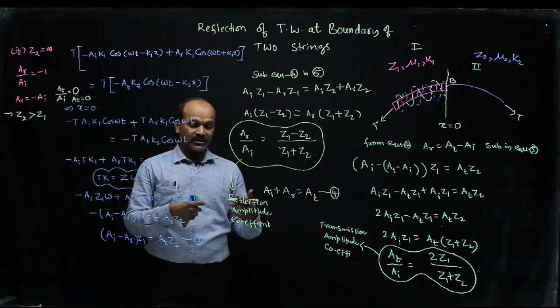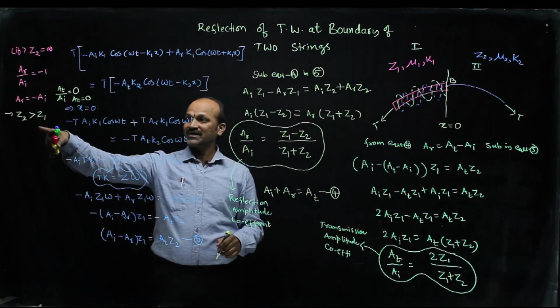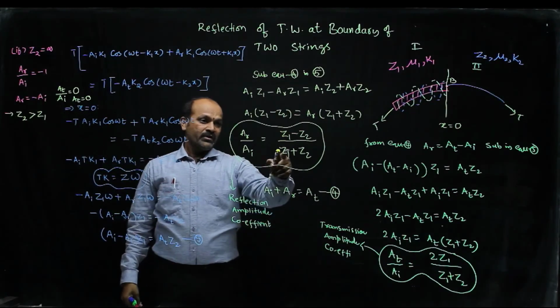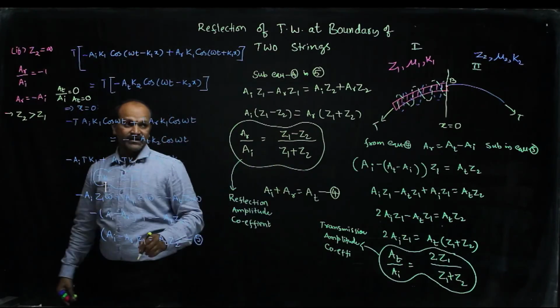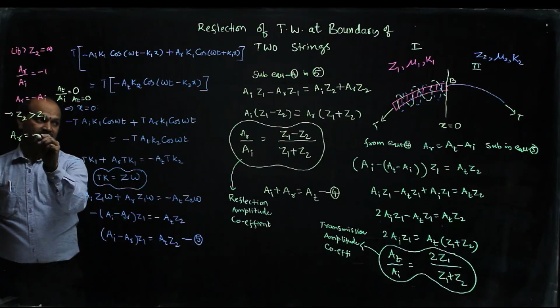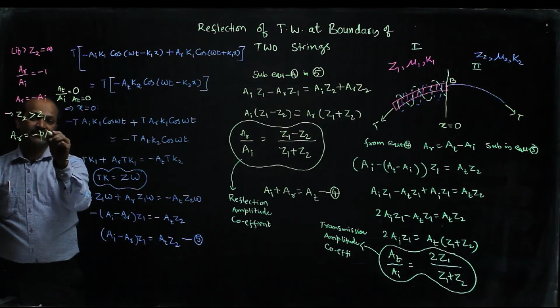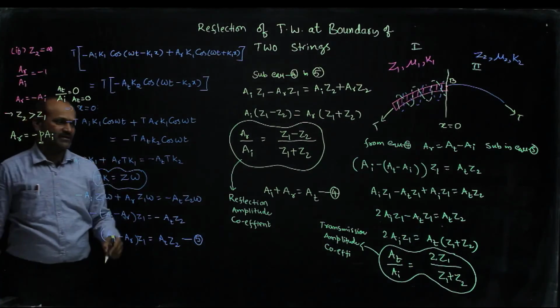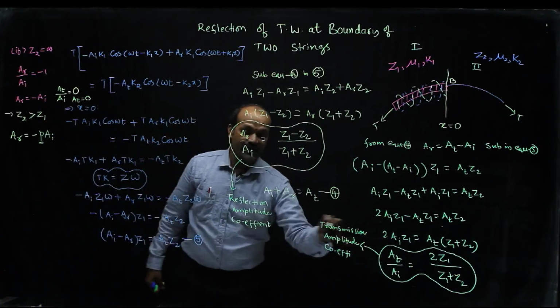Okay. So in the second case, when Z2 is greater than Z1, here some negative value is there, that is AR equal to some minus value times AI, and AT by AI cannot become 0.